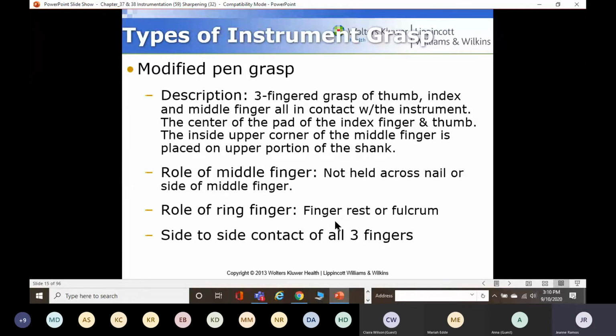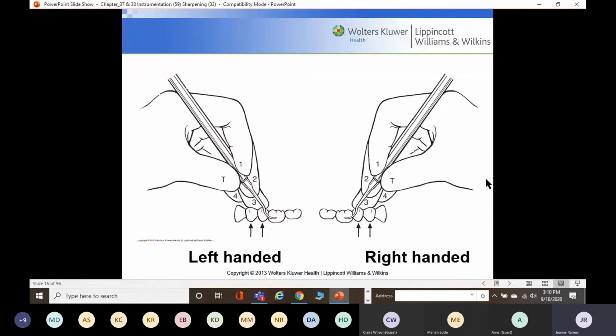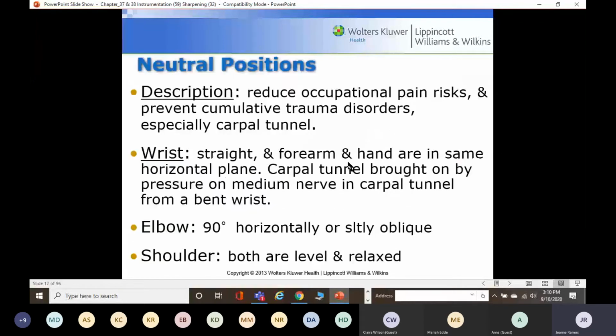Ring finger is the finger rest or fulcrum, with side to side contact of all three fingers. So this would be your left-handed once again and your right-handed of how you would be using. There's a space in between your index and your thumb in order for you to be able to rotate.